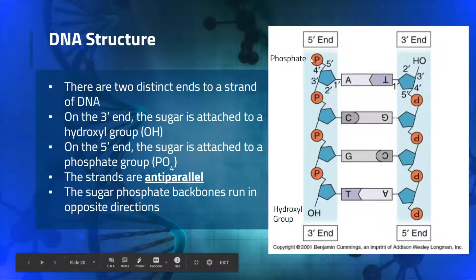But it's easier to remember this little phosphate right here. So the way that we name these different ends of the DNA strands is the end that has a phosphate sticking off is called the 5' end of DNA. The end that has the hydroxyl group sticking off is called the 3' end. 5' and 3' are just terms, they're just names for the ends of these strands, so don't get tripped up by the primes.